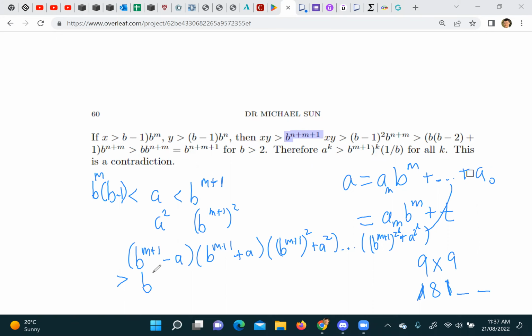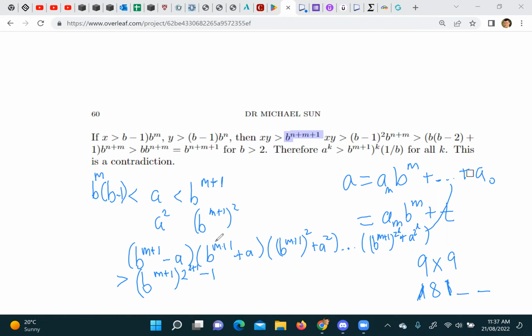Okay, so you want to show this is bigger than b to the m plus 1 to the 2 to the l plus 1, minus 1 over b.